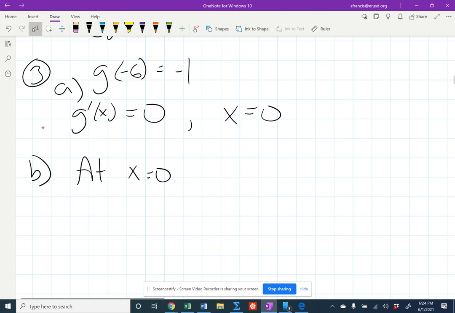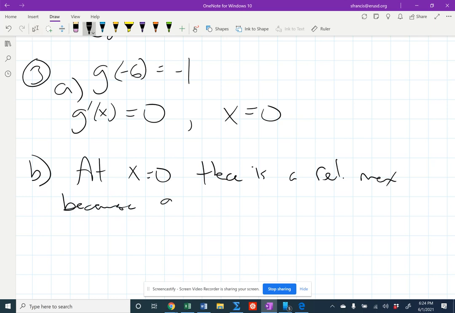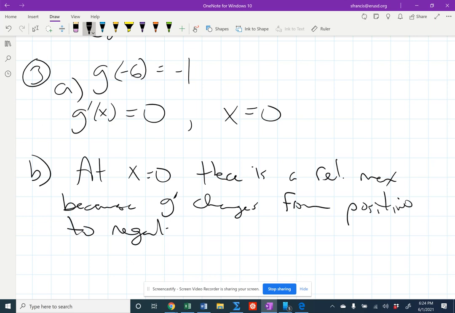At x equals 0, there is a relative max because g prime changes from positive to negative at x equals 0.